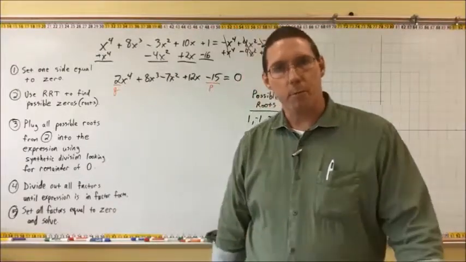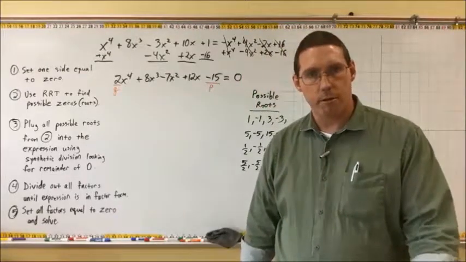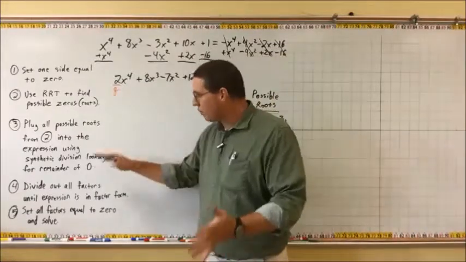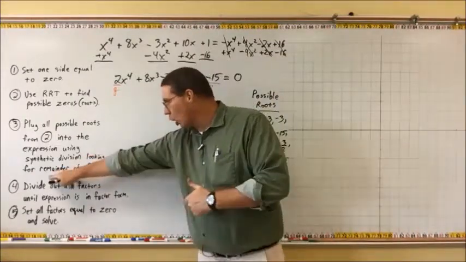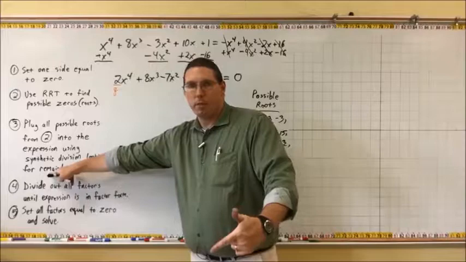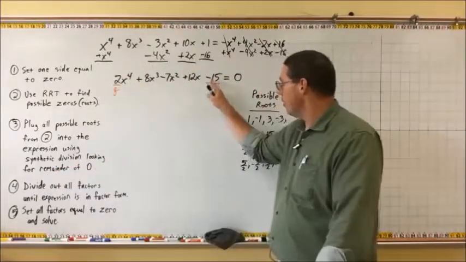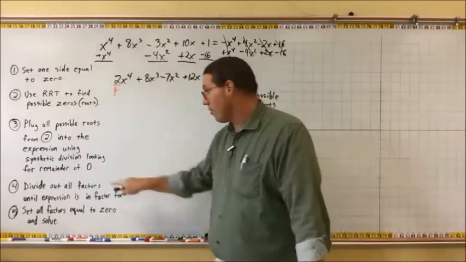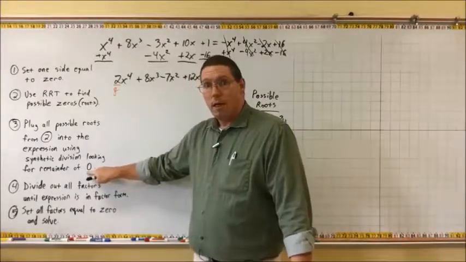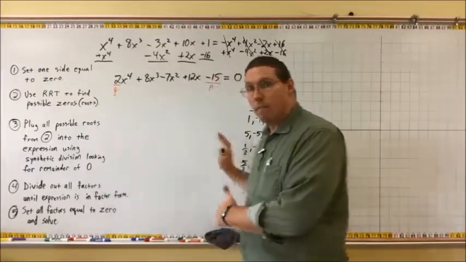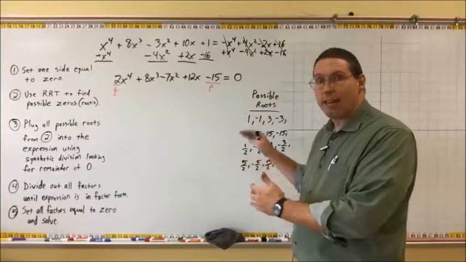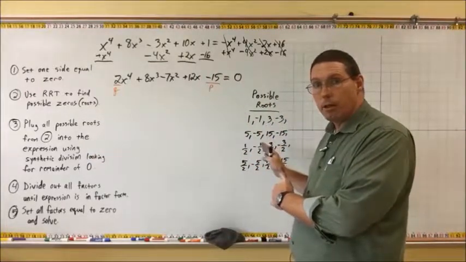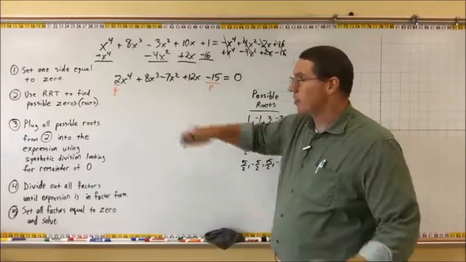The remainder theorem tells us that the remainder is the answer to the expression if we were to plug a number in. The factor theorem says if that answer is a 0, then that number is one of the roots, and its binomial is one of the factors of this polynomial.